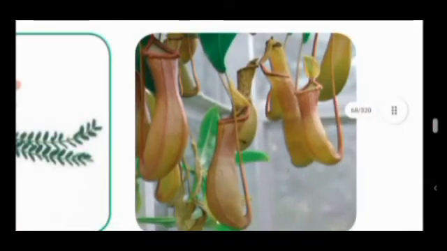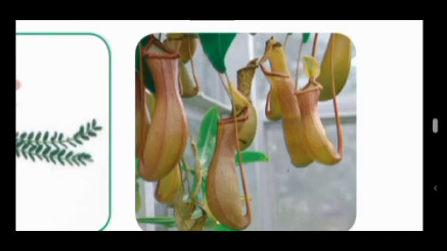Pitcher plant, Nepenthes. The leaves become modified into a pitcher, a pot-like structure, in Nepenthes and Sarracenia. In Nepenthes, the basal part of the leaf is laminar and the midrib continues as a coiled tendril-like structure. So the midrib is modified into a tendril-like structure bearing the pitcher at its tip.